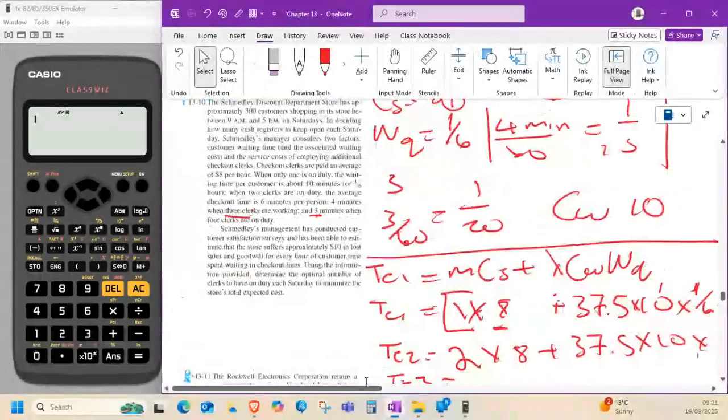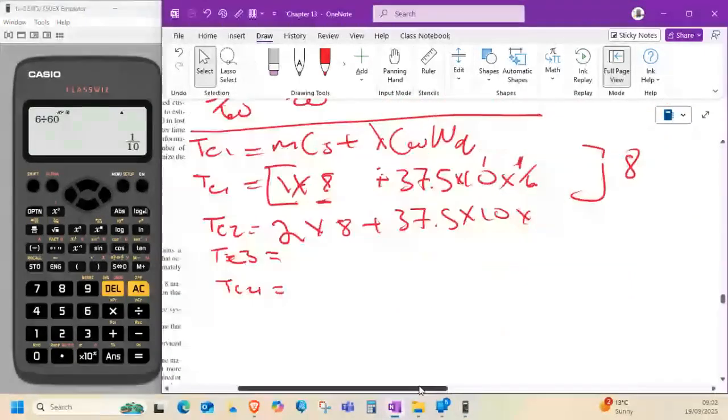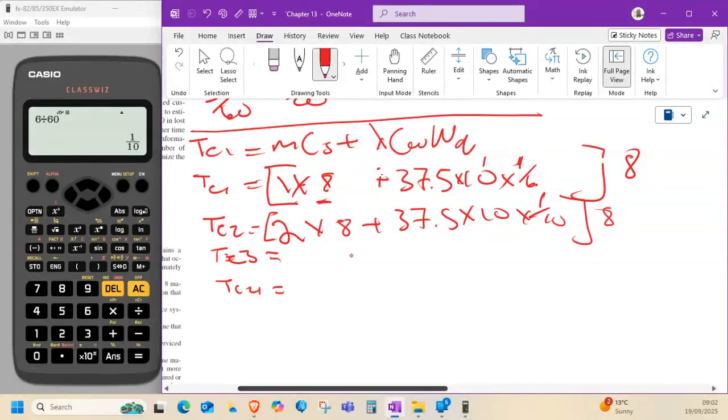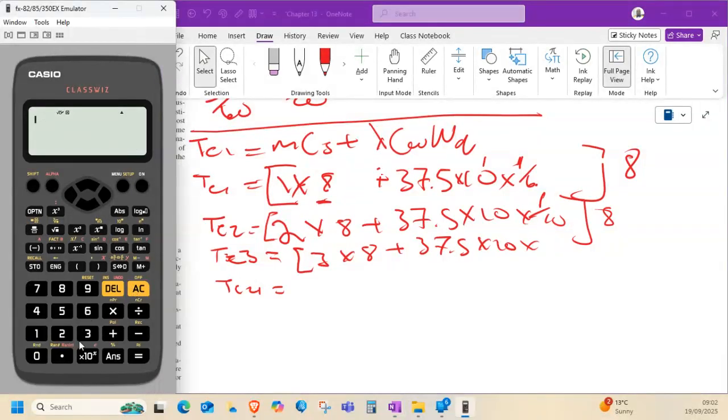So it says 6, so 6 divided by 60, and I have 1 over 10. That is my 1 over 10. You can always go with that. Then now we go to 3 times 8 plus 37.5 times 10 times the time, which I believe is 4 minutes now from 6.